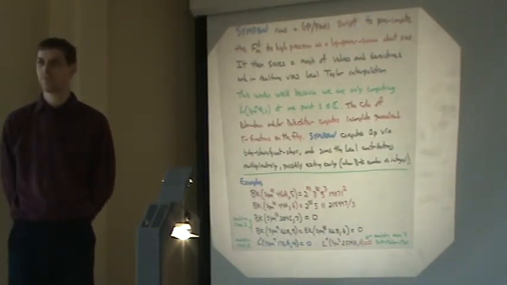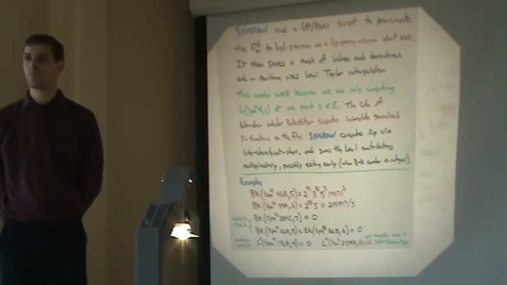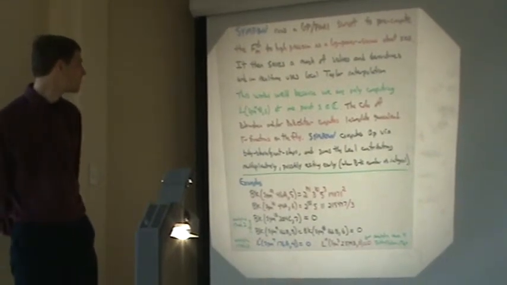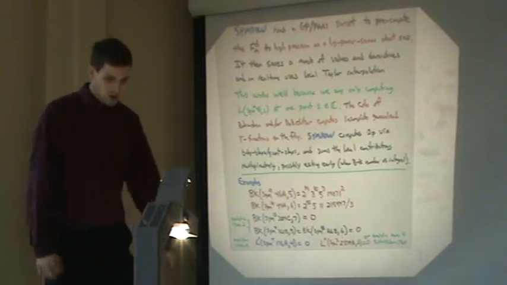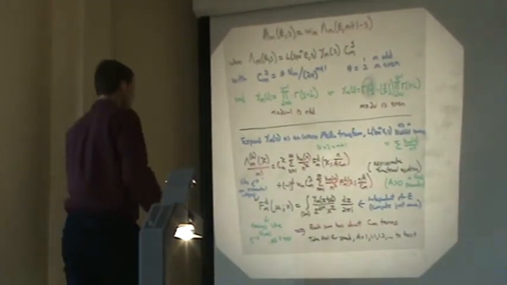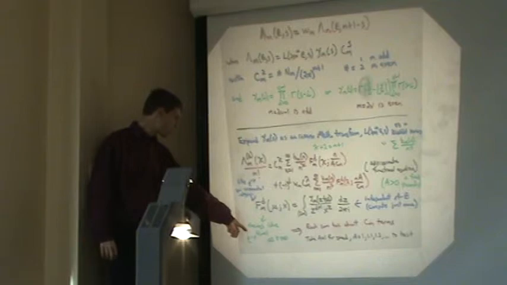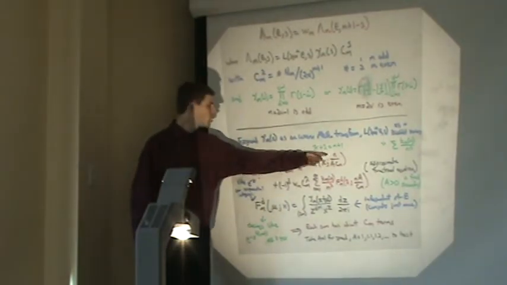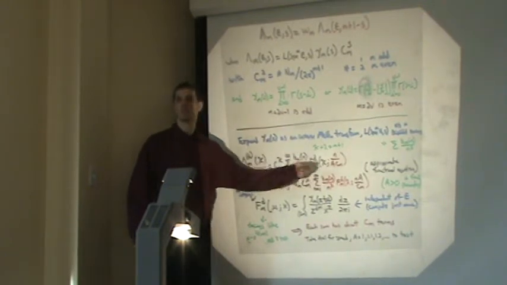How large does p need to be to get a certain level of precision? As I say, there's some sort of decay of these special functions, and basically you want to sum until these functions become small.